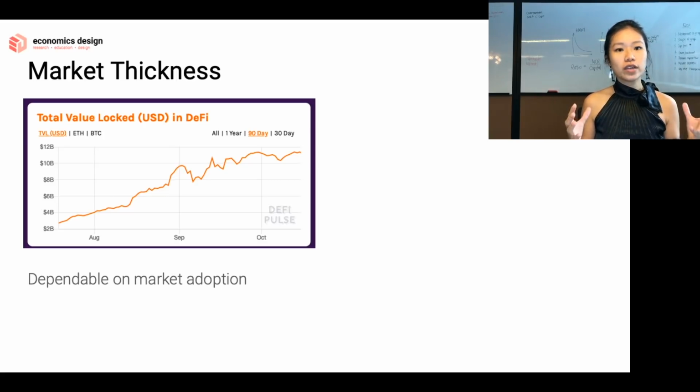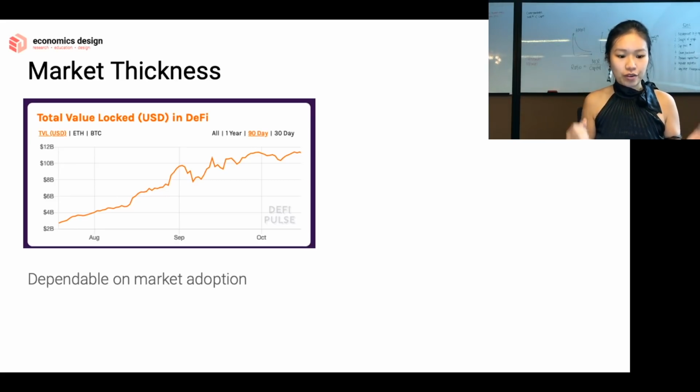So you could see that the rise of the DeFi market is very correlated to the rise of demand for insurance and for Nexus Mutual, hence the demand for Nexus Mutual's token. So that's in general how you get thickness of the market.